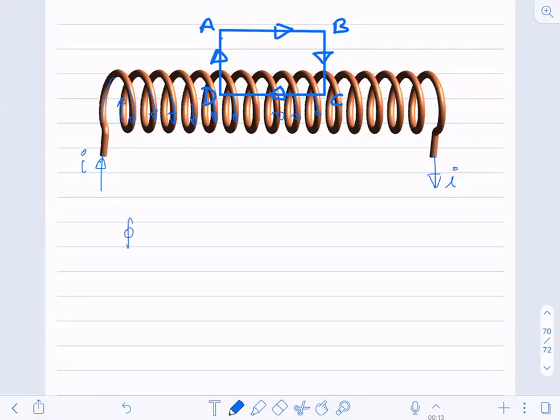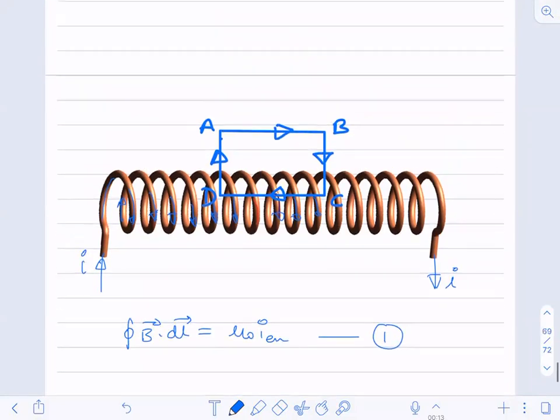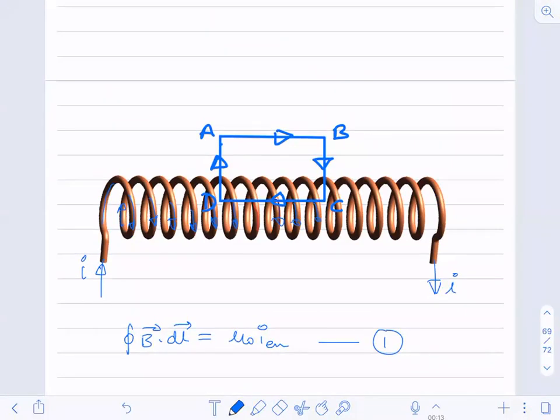Here, if I apply Ampere's circuital law, which is B dot dl equals mu naught I, now I have to take the enclosed current. Remember this equation. We have to calculate the enclosed current. So the main thing over here is to understand the enclosed current. If you understand the enclosed current, everything will be very easy for you.